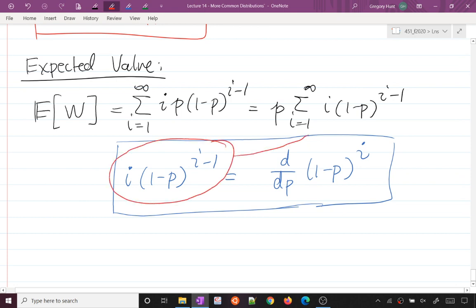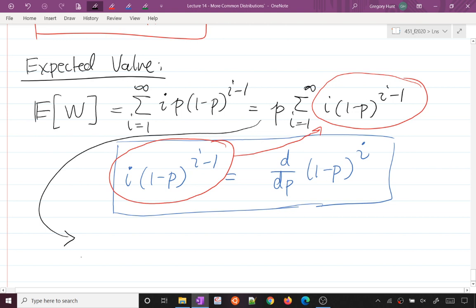This is that summand. So what I'm saying is that I could rewrite this as p times the sum, i goes 1 to infinity, of d/dp, and we probably should throw a negative sign out front, of (1 minus p) to the i.